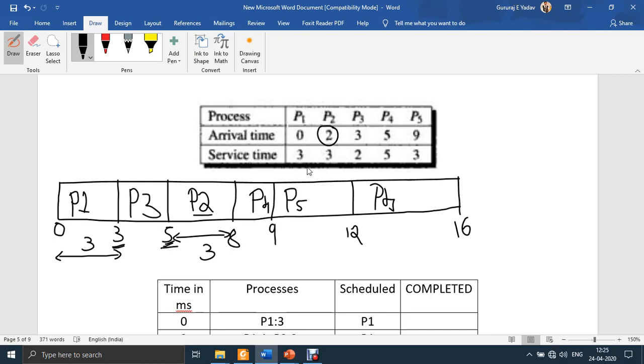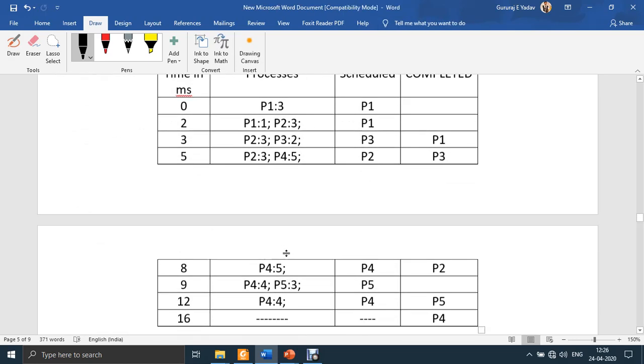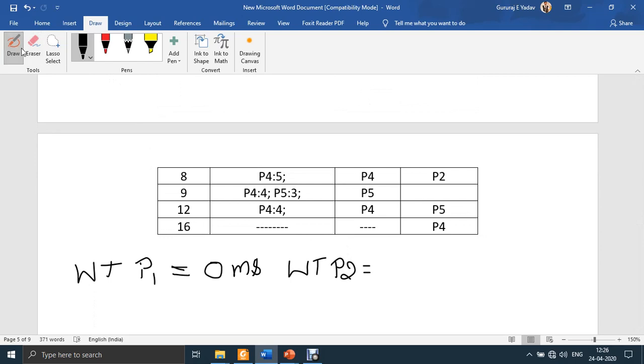Now coming to the waiting time. It came at 2, but you scheduled it at 5.